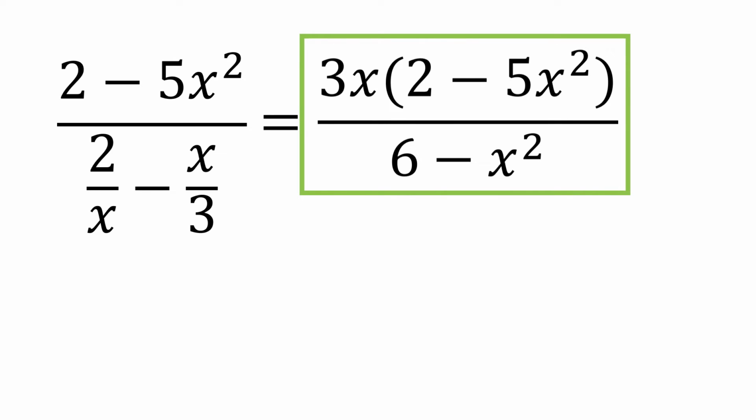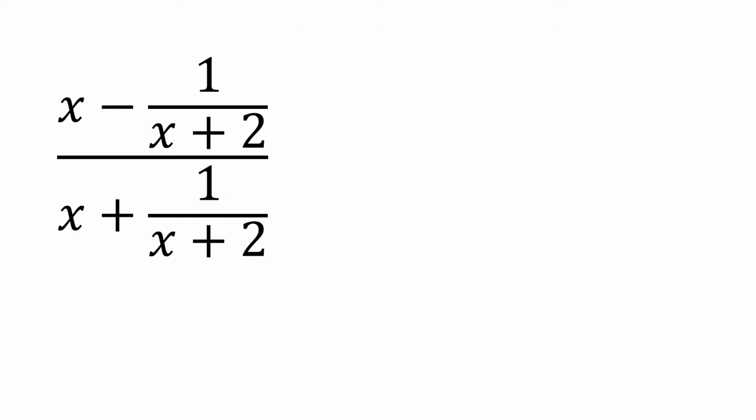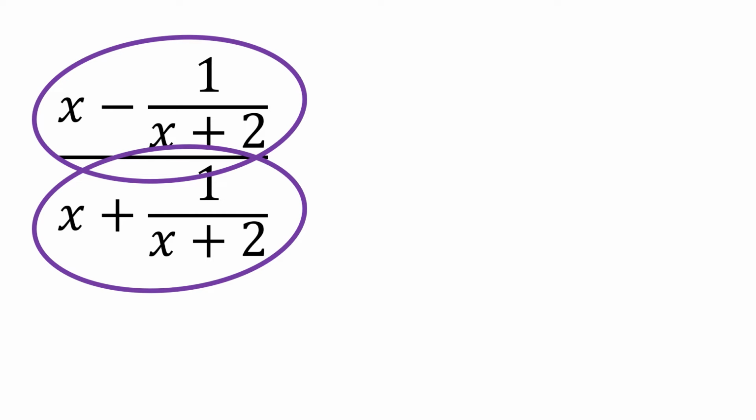Now lastly, let's say we have (x minus 1 over x plus 2) over (x plus 1 over x plus 2). Now to simplify this, we first simplify the numerator and denominator by subtracting and adding the terms.